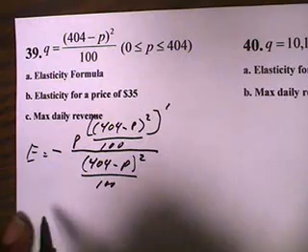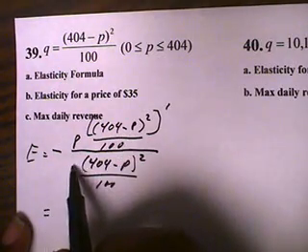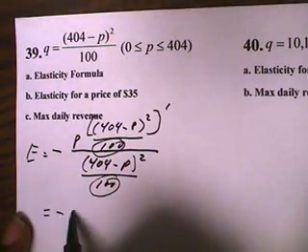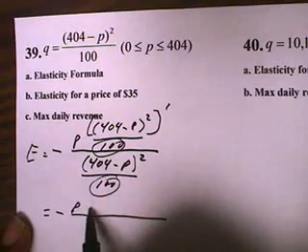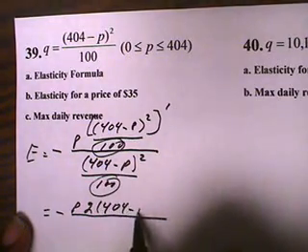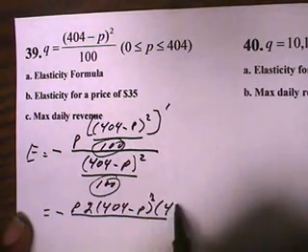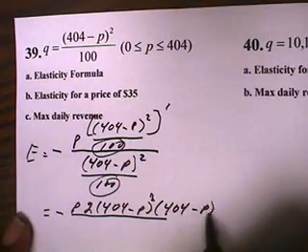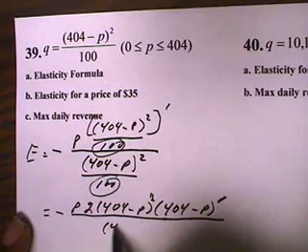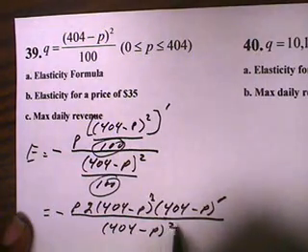Okay, now the derivative of 404, I'm going to pull my 100 down here. In fact, my 100s will cancel. So I'll have minus p. The derivative here will be 2 times 404 minus p, now to the first power. And then chain rule will be 404 minus p derivative. And all this is still over 404 minus p, all to the second power.